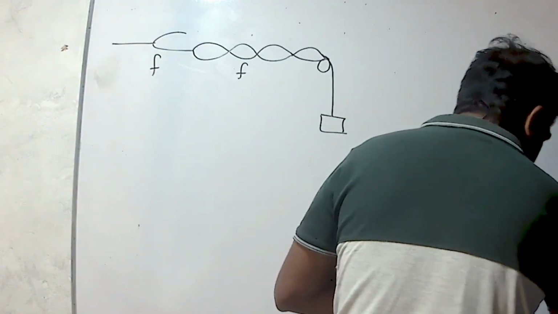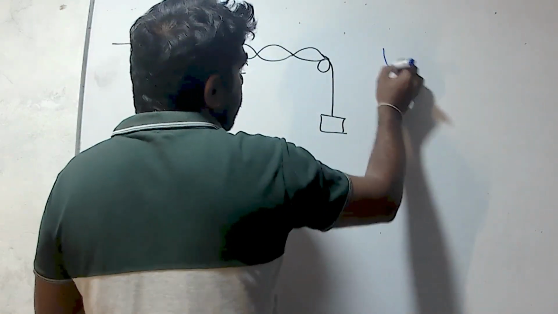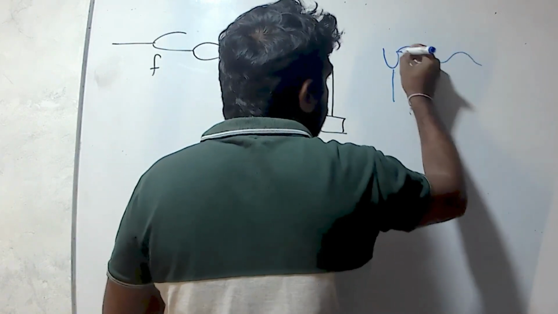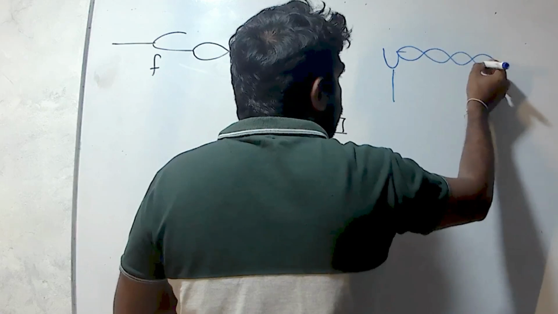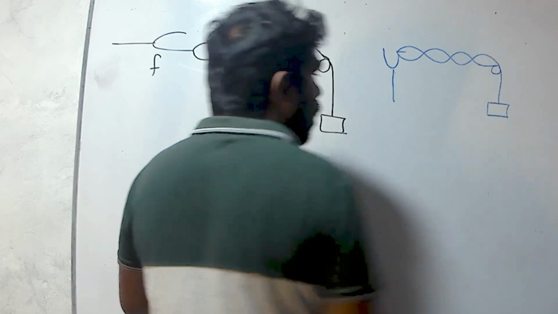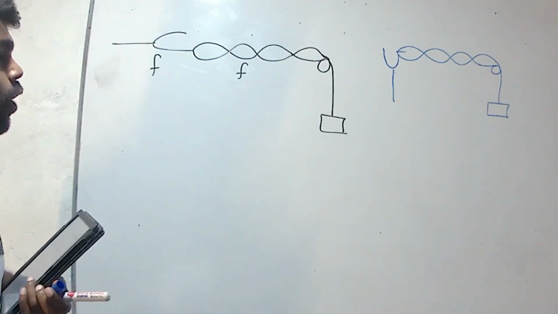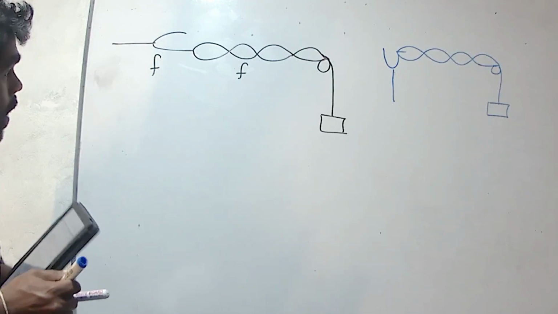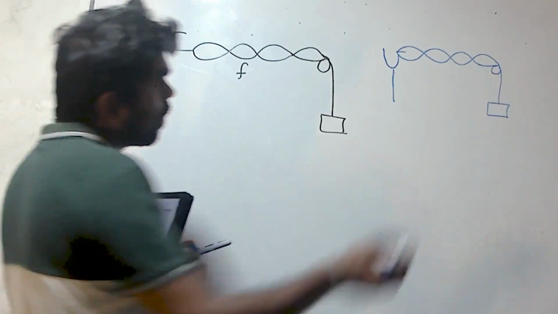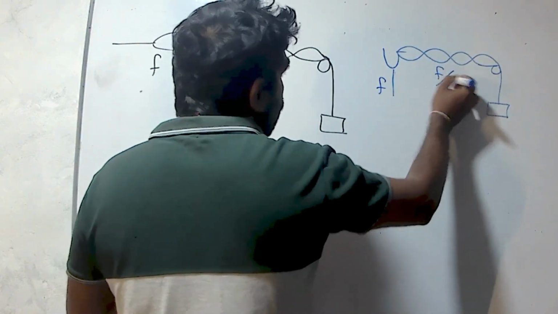For the second type, if we are connecting the tuning fork like this, we can draw any resonance state: fundamental, first overtone, second overtone, or third overtone. Now, the frequency of the wire is half of the tuning fork.